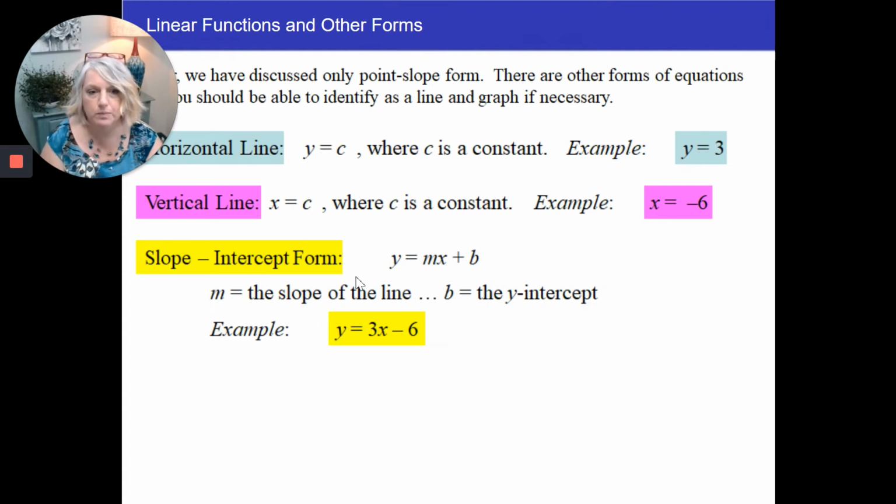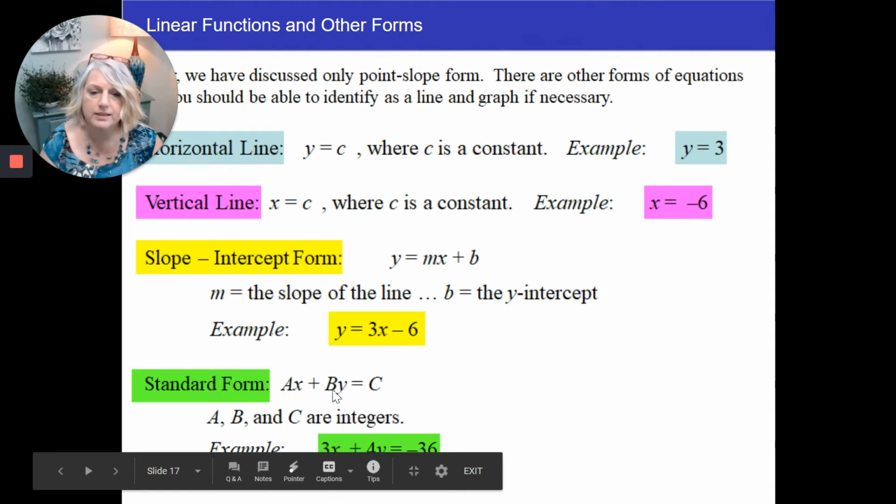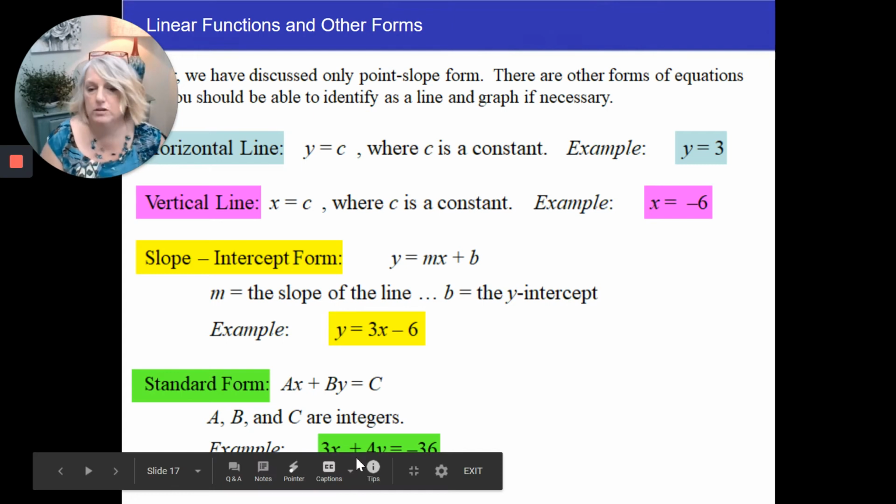Then we have our slope-intercept form, the one you're most familiar with. You can just solve for y and get it into this form, and that would give you an equation of a line. And then the last form that we do use is what's called standard form. Really all it is is that you have the x's and the y's on one side. A, B, and C have to be integers as you're looking at that.